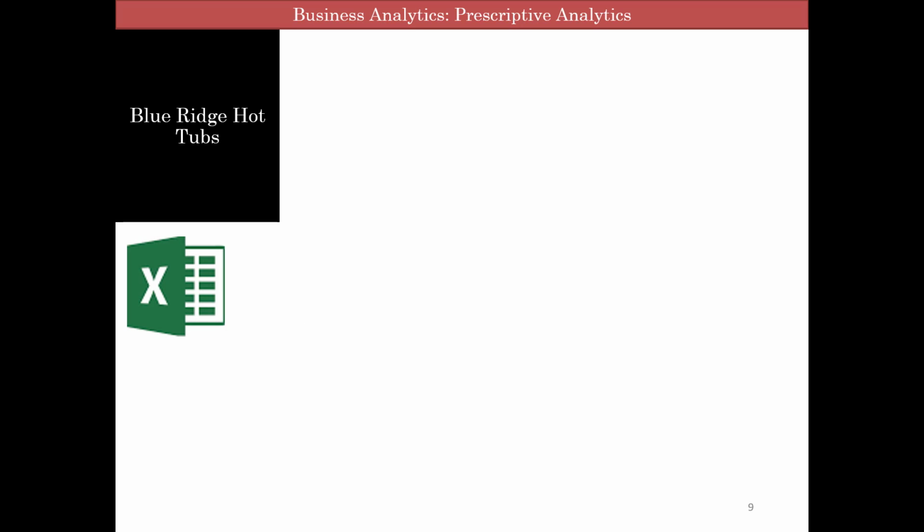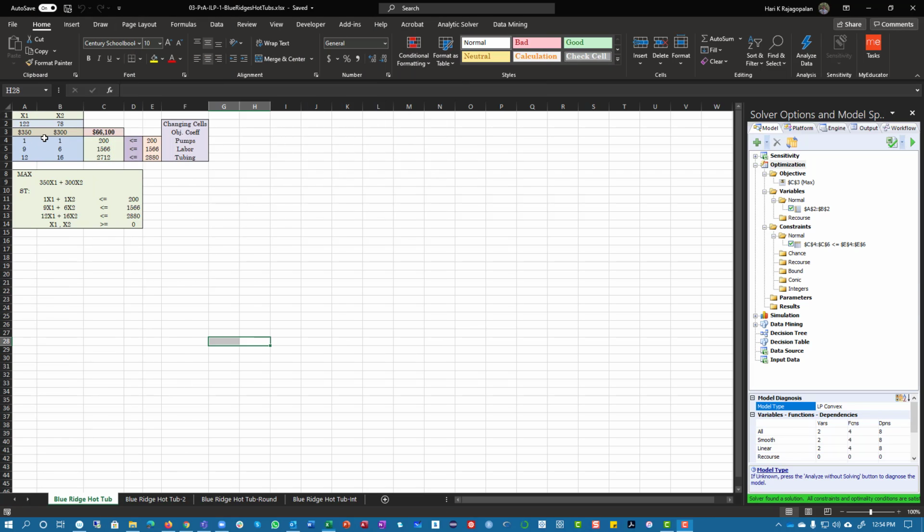So let's go to Blue Ridge hot tubs in Excel and I'll show you what we are actually talking about. Okay, so we have here the Blue Ridge hot tubs problem, and here's the original problem. Aqua spas is x1, the number of hydroluxes is x2, and you are able to get 66,100. But let's change the solution.